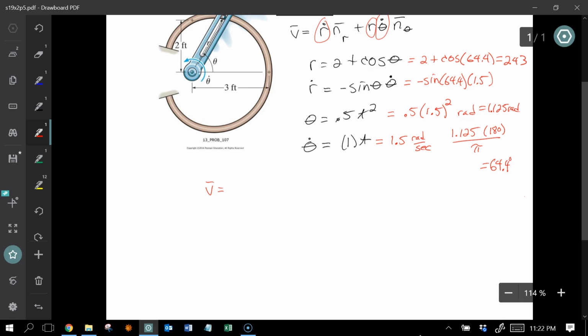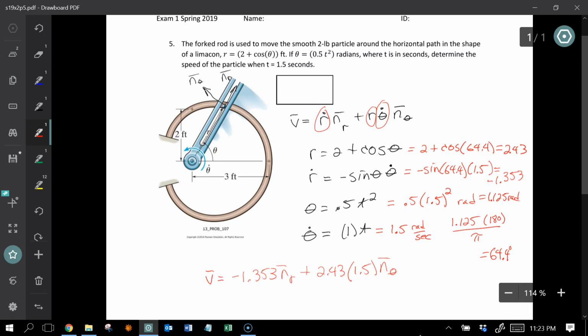I punch that into my calculator, and I got r dot was negative 1.353. So r dot is negative 1.353 in the r direction, and it is r times theta dot, so that would be 2.43 times 1.5 in the n theta direction.